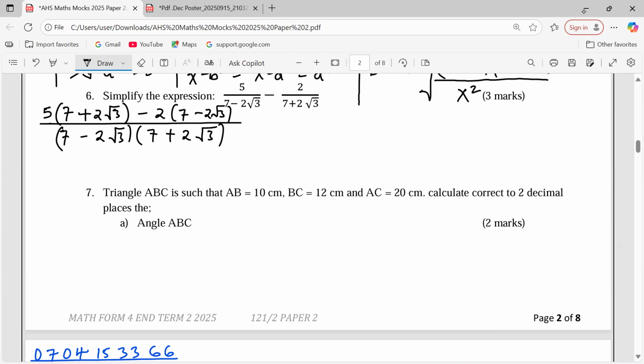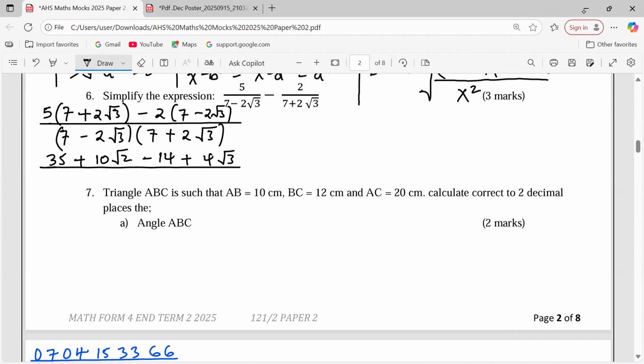We can expand 35 plus 10, the root of 3, minus 14 plus 4, the root of 3. Then this should be divided by, from the denominator, now we can expand a difference of 2 squares, whereby you just need to square 7, then 2 root 3 also squared, and you subtract.